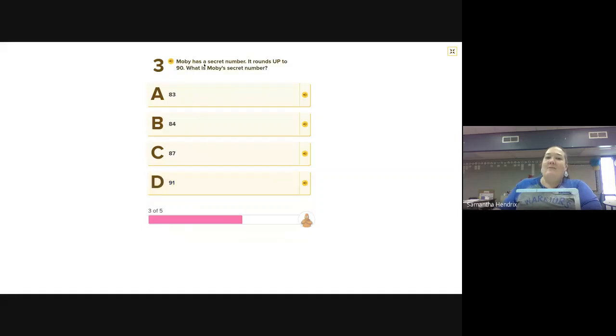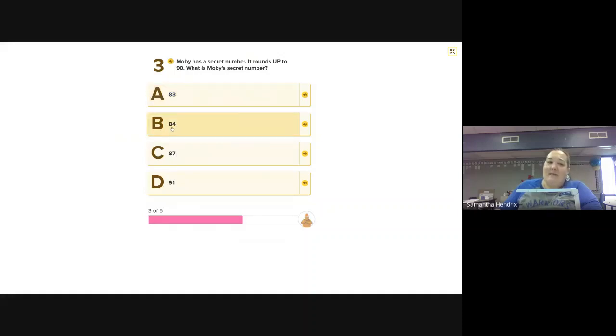Moby has a secret number. It rounds up to 90. So we have to see which one would round to 90. Up to 90, okay? 83. The 3 is going to tell that 8, is it going to rest or raise the score? Right, it's going to rest because it's 4 or less. Okay, what's this 4 telling that 8 to do?